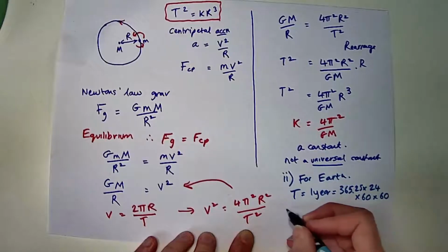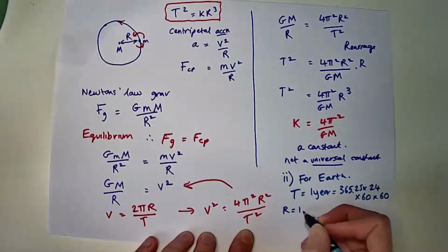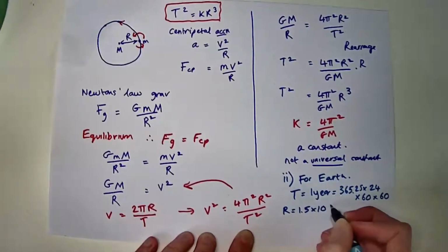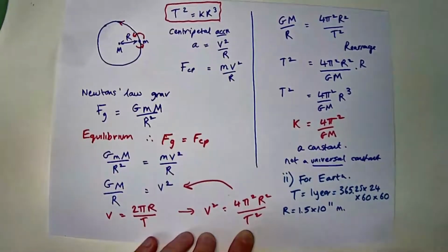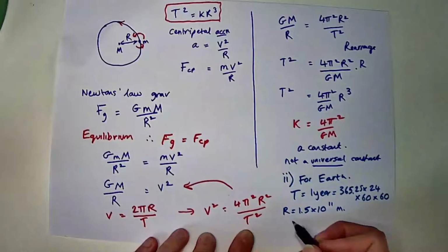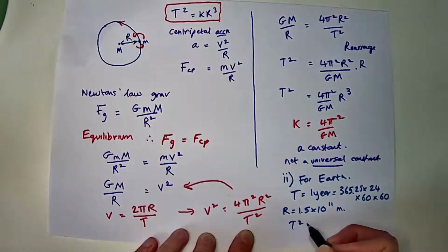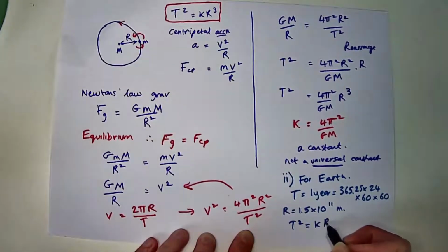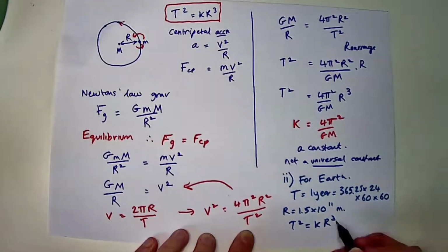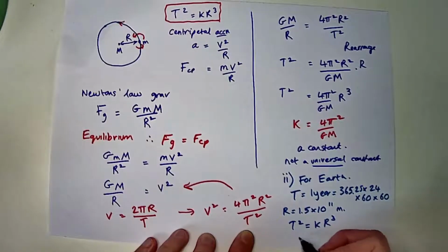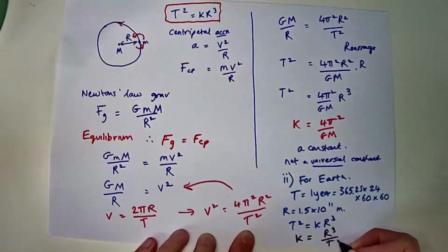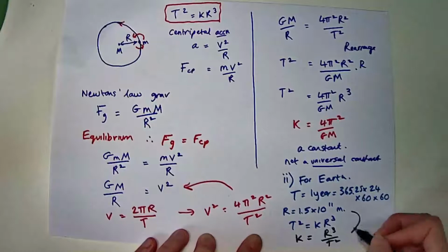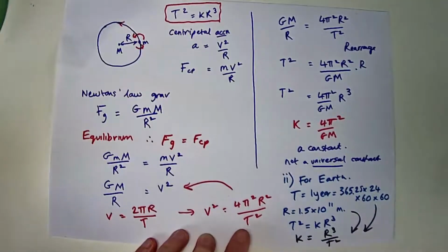And we're given r is equal to 1.5 times 10 to the 11 meters. So we substitute these values into T squared equals k r cubed. I'd rearrange that first because we want to find k, and just put both of those values in.